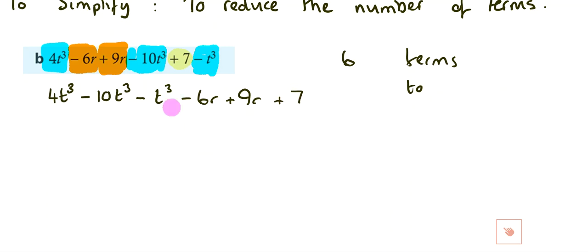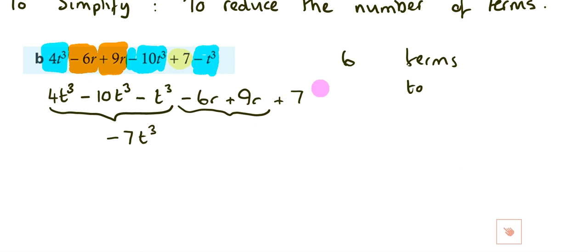So now I'm going to do the answer, as some people say. What is 4 of them, take away 10 of them? Negative 6. Take away another one. So it's negative 7t cubed. I've then got negative 6r plus 9r.